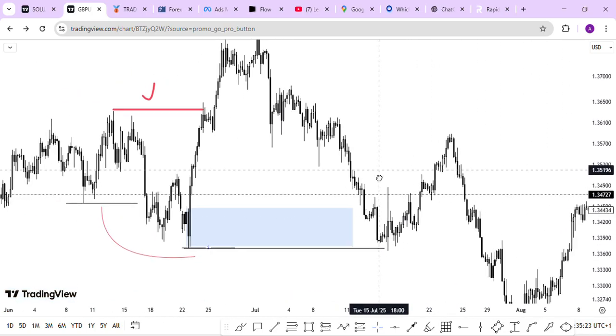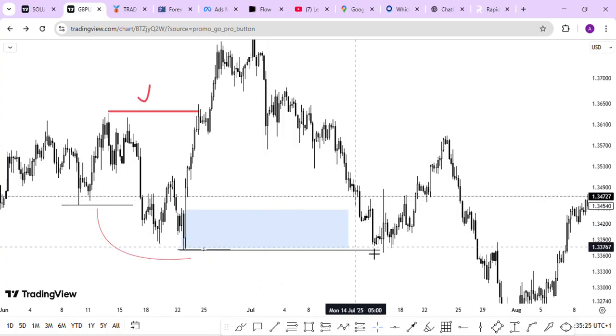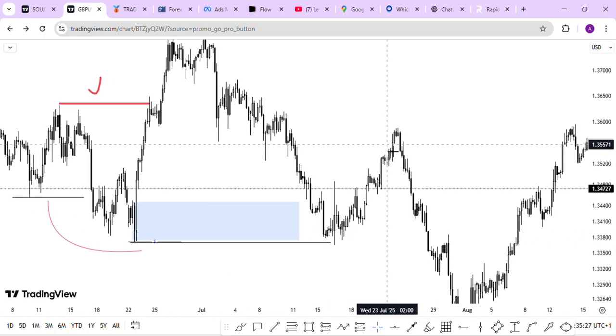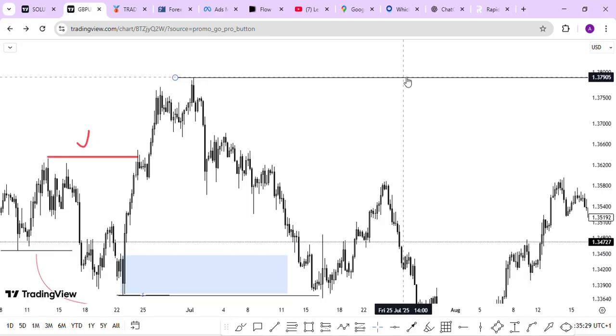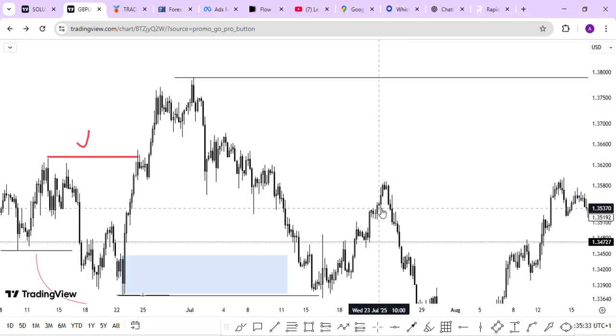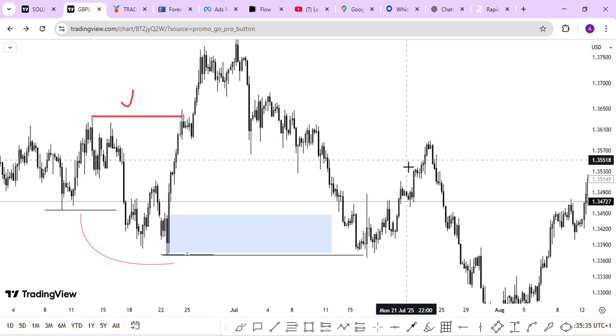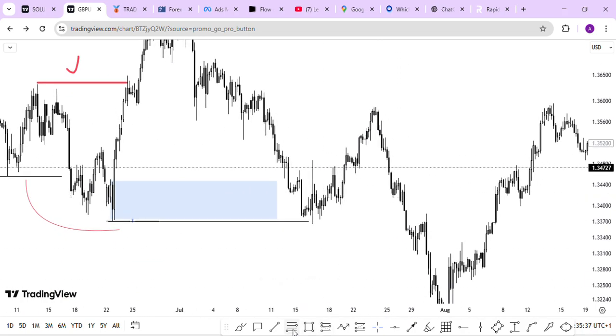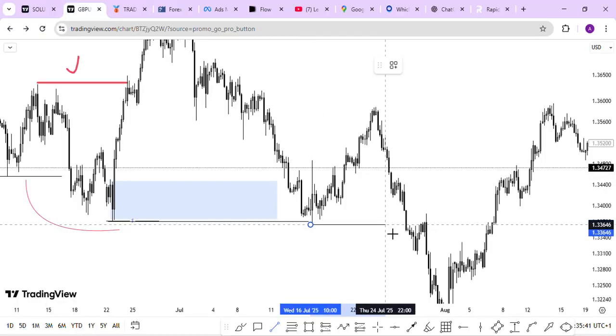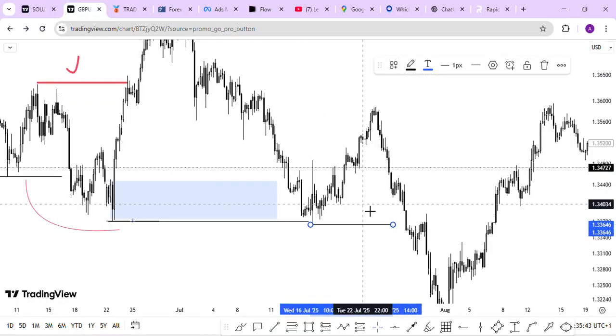The market reacted from this extreme after the sweep. We were expecting the market to go up and confirm the same thing as the daily, like the bullish momentum. But what we see here is that the market closed down. This low, now breaking below this sweep, confirmed that we had a change of character in 4 hours.